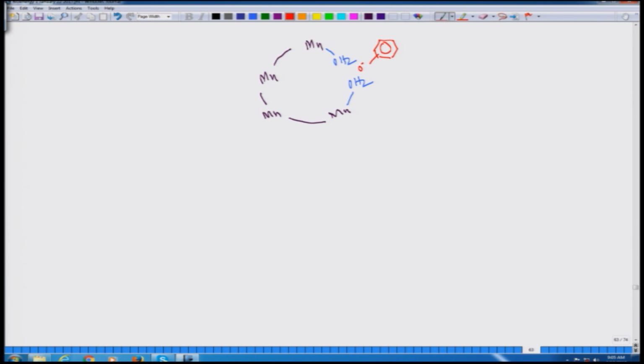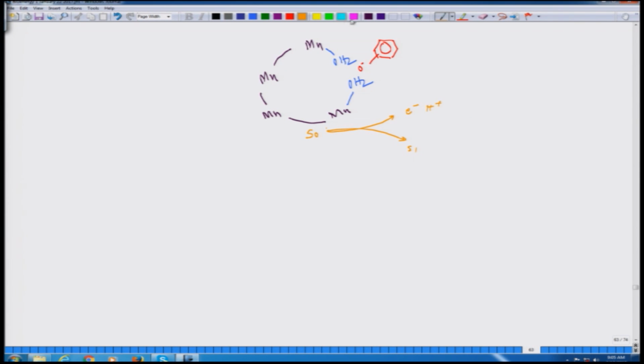So, this is how it looks, and there are different stages, different phases which are numbered as S0, S1 and so on. The first reaction that happens here is an electron is ejected out and a proton is ejected out, and in the S1 phase you have of course the cluster sitting there.